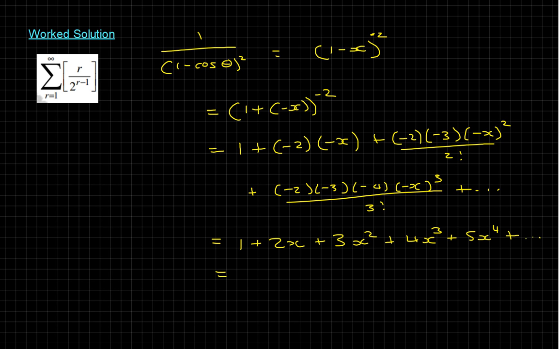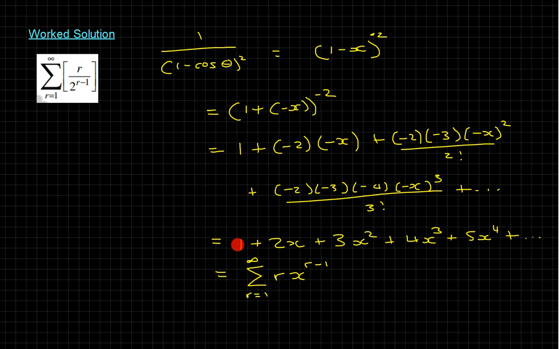And if we want to then write this as an actual sequence, let's use r equals 1 to infinity. And the coefficient of each of these is r, and then it's x to the r, let's do this the correct way around, minus 1. Okay, so the power of each x is 1 less than the coefficient.